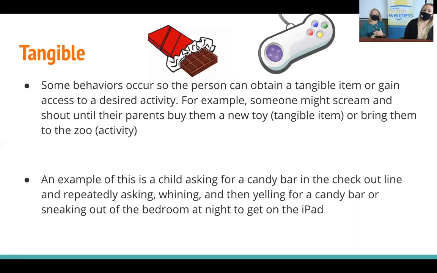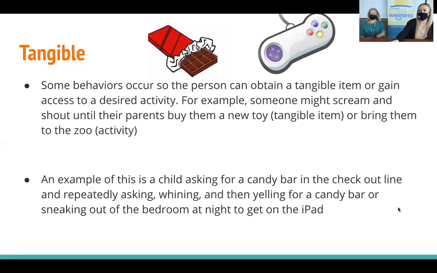Tangible is, some behaviors occur just so a person can obtain an item or gain access to a desired activity. So someone might scream and shout until their parents buy them a new toy, or scream and shout until they get to go to the zoo.